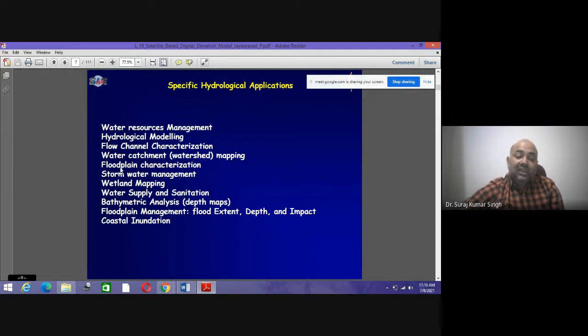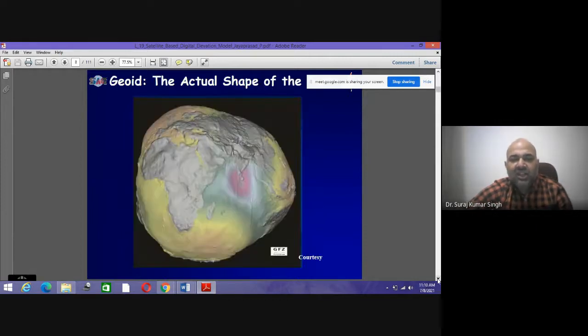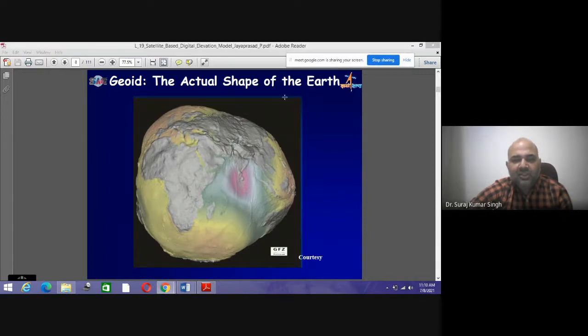Then floodplain characteristics, stormwater management, wetlands mapping, water supply and sanitation, bathymetric analysis, which requires the depth map of any area, flood line management, whether that is flood extent, depth, impact, coastal information. So you can see that a lot of applications are based on your digital elevation model.